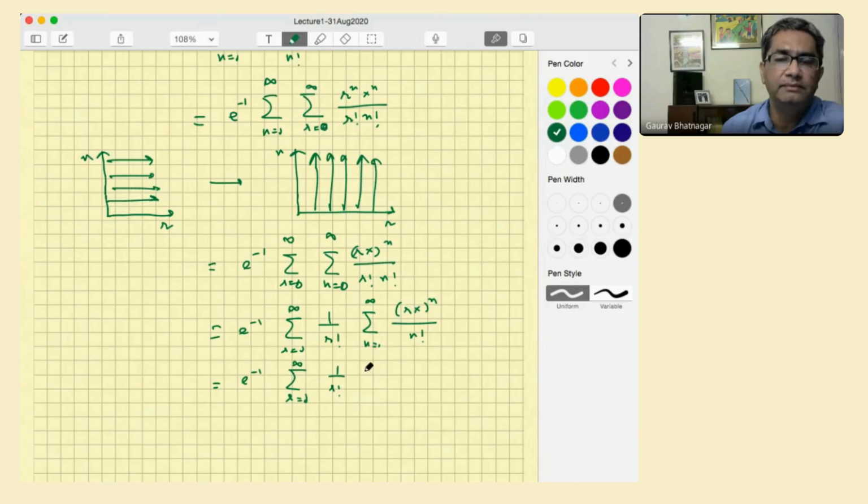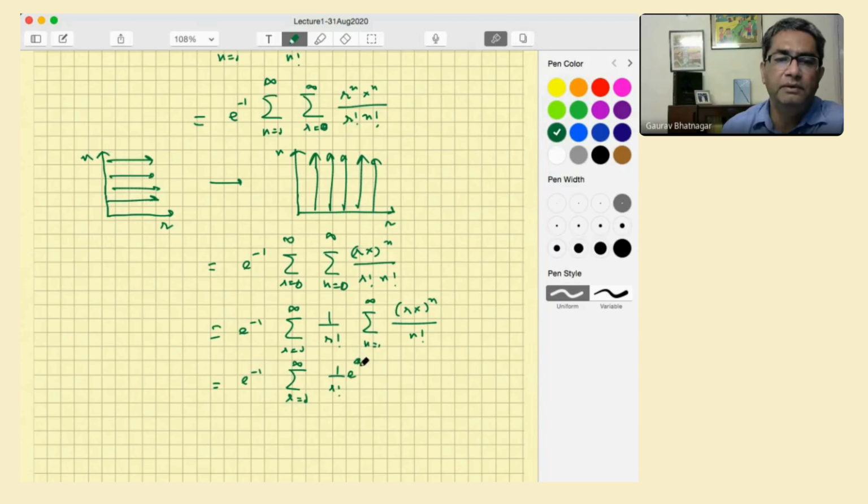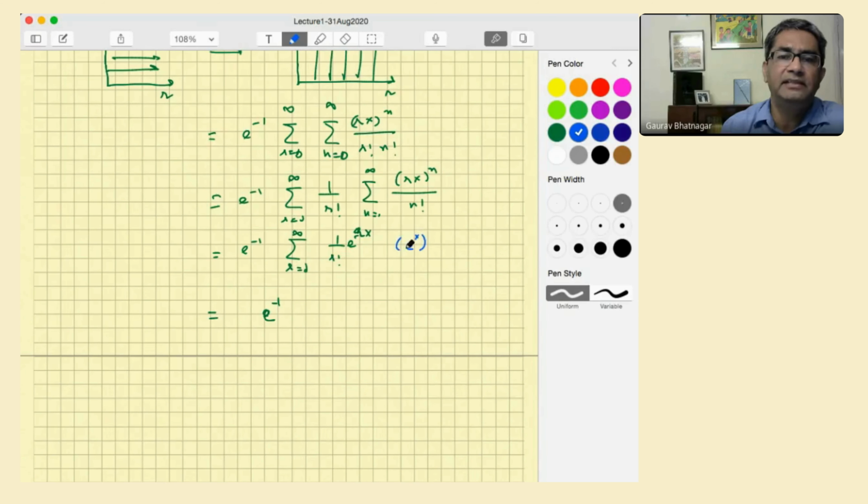What's the inner sum? e to the power rx. And now this guy also you know. This is e raised to x raised to the power r over r factorial. So inside here, it's e raised to x raised to r over r factorial.